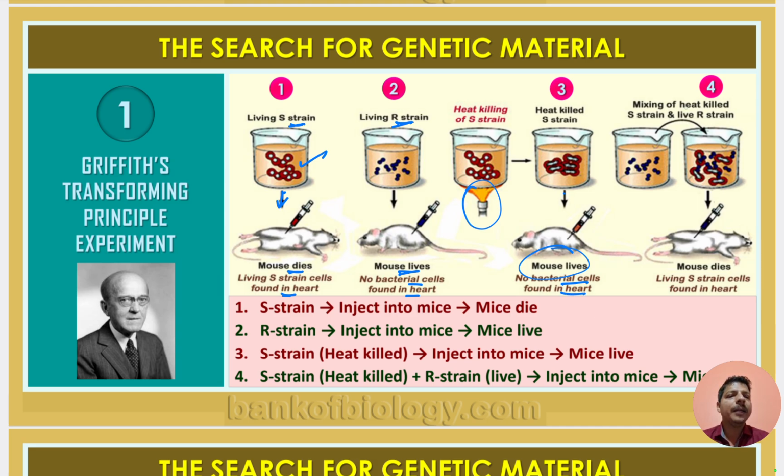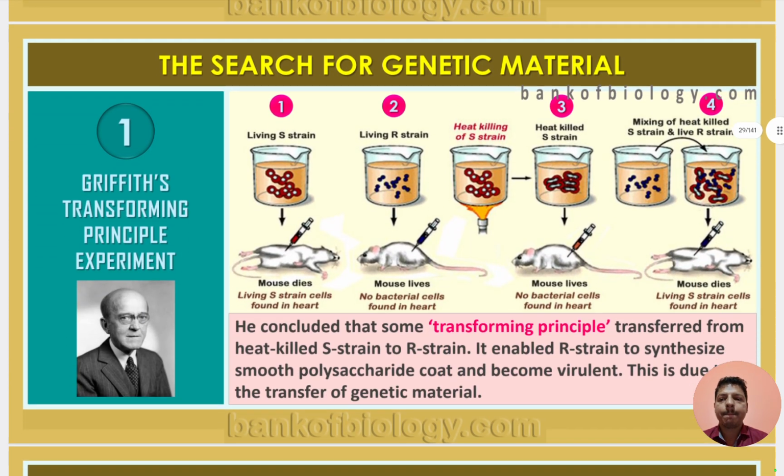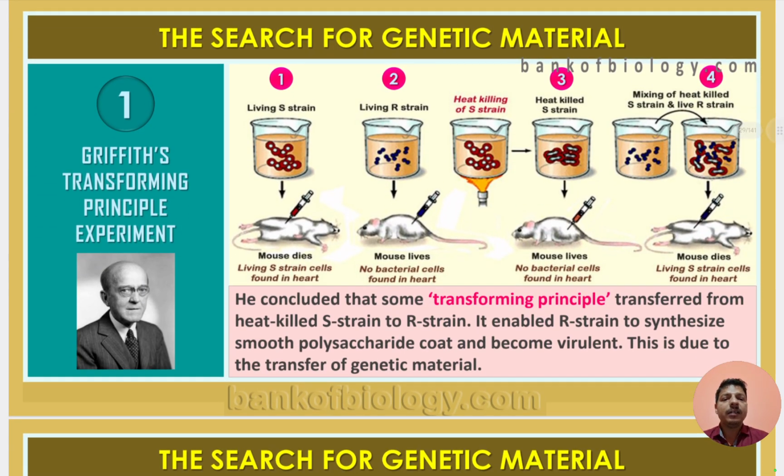Then he mixed the heat killed S strain with the live R strain and then the mouse dies. Living S strain is found in the cells of the heart, and these are the experiments done by Griffith. He concluded that some transforming principle, he gave the name, was transferred from heat killed S strain to the R strain.